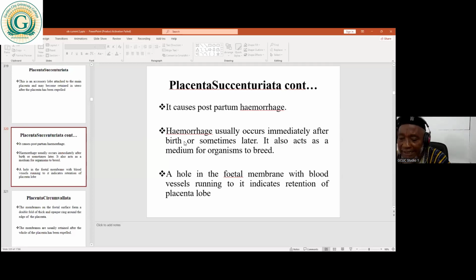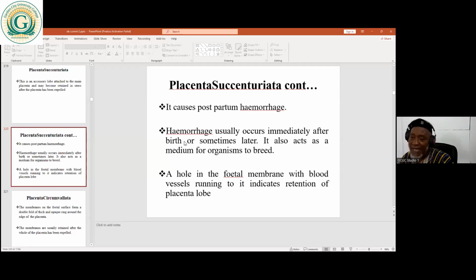When you deliver the placenta and you see a hole in the fetal membranes, in the amnion and chorion, with blood vessels running to it, it indicates that something is left in the woman's womb. Therefore you have to search for it and evacuate it. Otherwise, the woman will bleed.